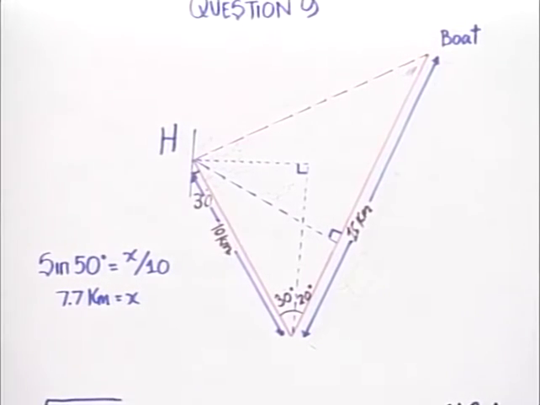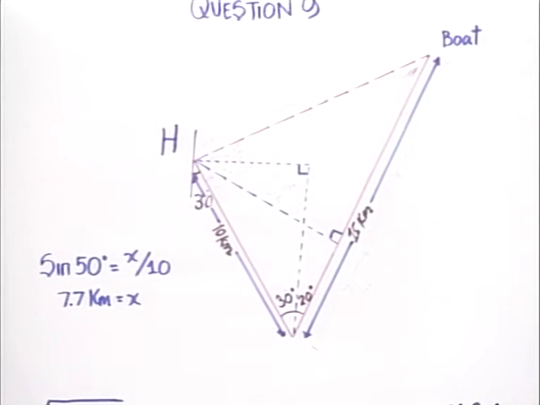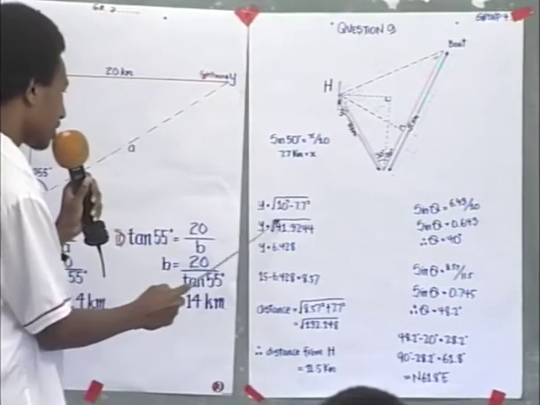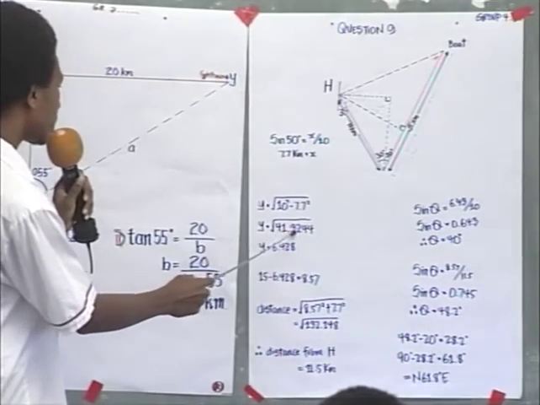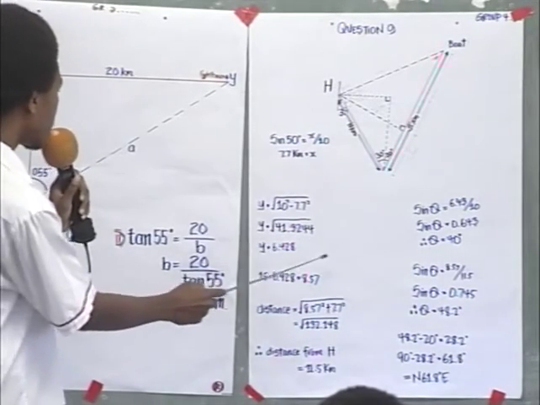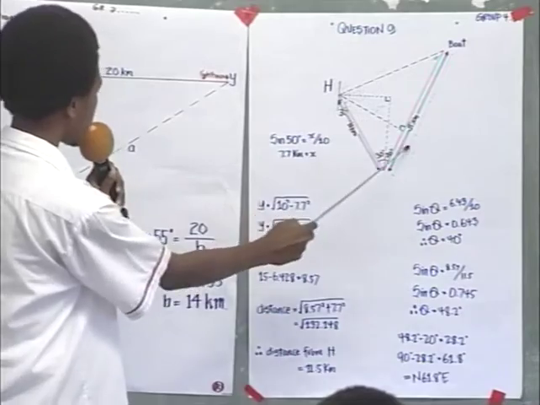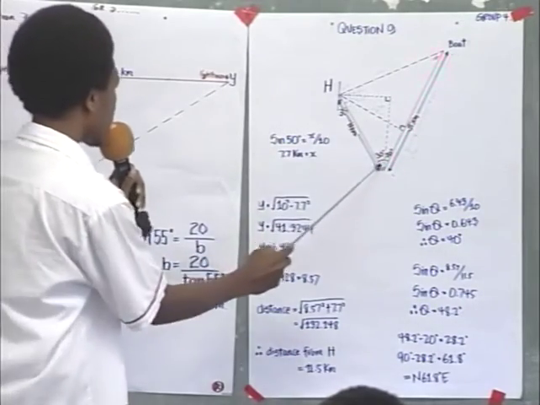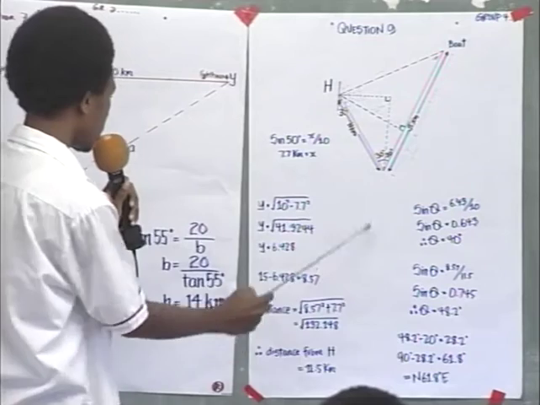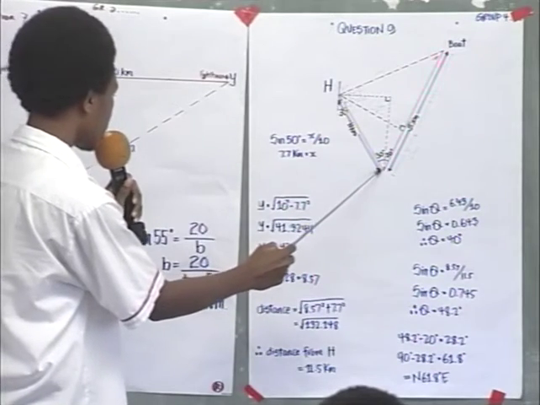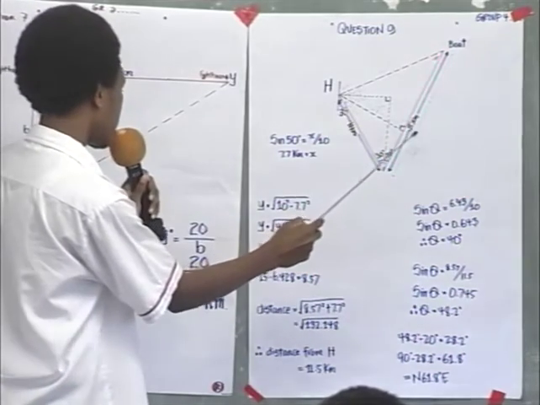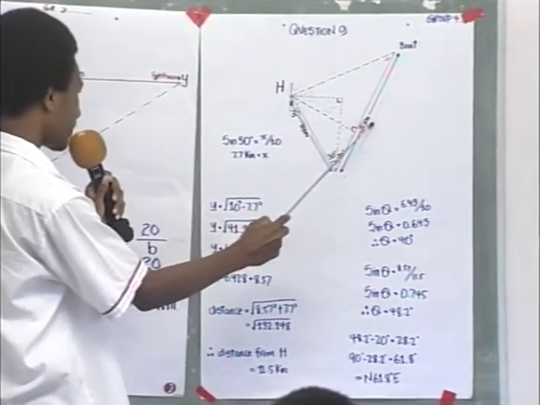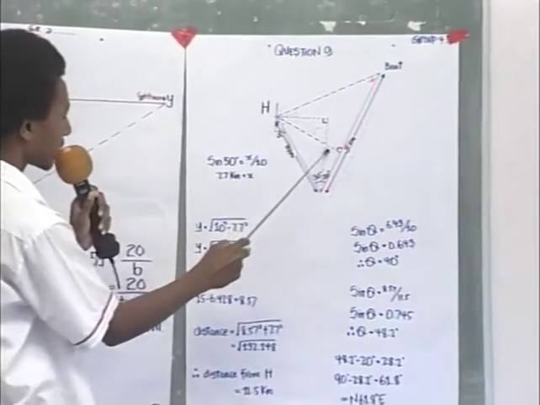Then we use the Pythagoras theorem to find this distance y. The square root of 10 squared minus 7.7 squared is the square root of 41.3244. Y is 6.428. So the distance is 15 kilometers. We subtract 6.428 and we get 8.57 kilometers, which is this length.